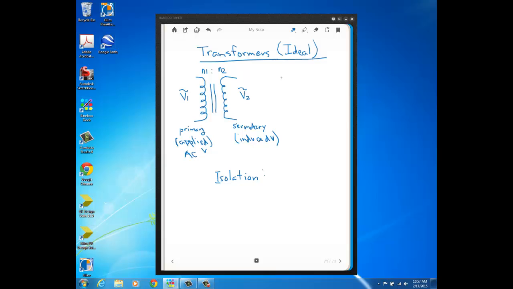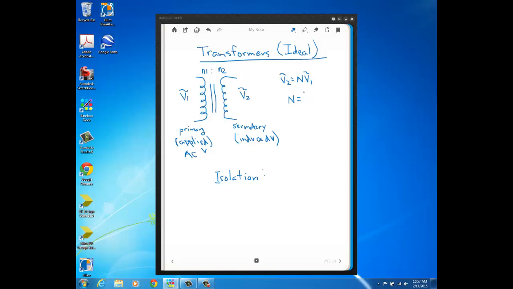There's a transformation equation that relates secondary voltage to primary voltage through the turns ratio. Secondary voltage is equal to the turns ratio N times the primary voltage, and the turns ratio N is a dimensionless number, which is the ratio of the turns on the secondary side to the turns on the primary side.